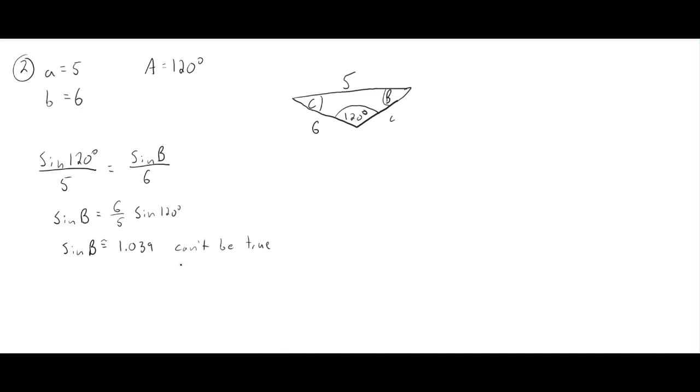So this can't be true because sine for any angle is always less than or equal to 1. It's even greater than or equal to minus 1, but that doesn't matter as much to you right now. Because that's bigger than 1, there's no angle B that makes that true.